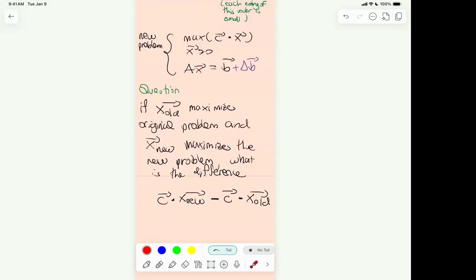The reason you have to think of the vector as being small is that if you make a large perturbation, you can get sucked into the degenerate case, and in the degenerate case certain formulas don't work quite as well.